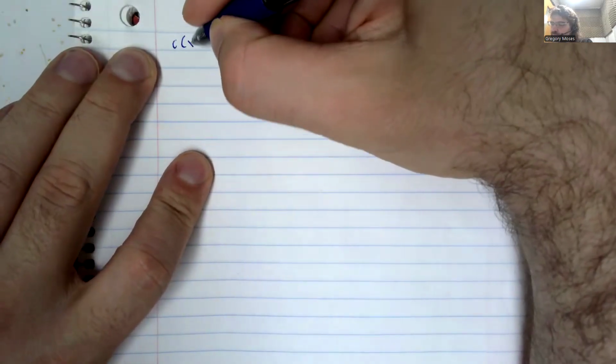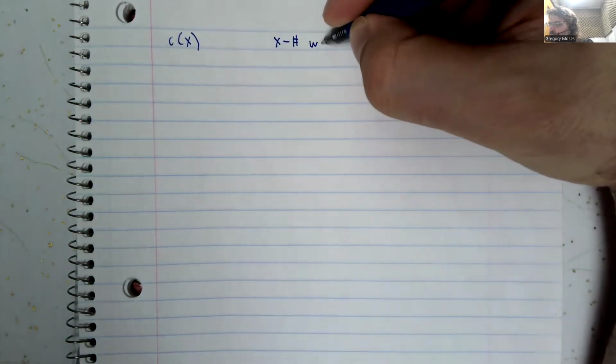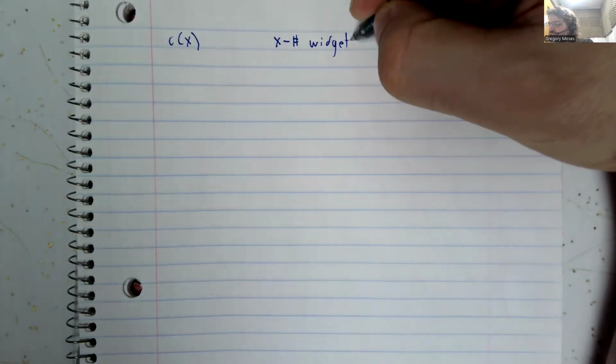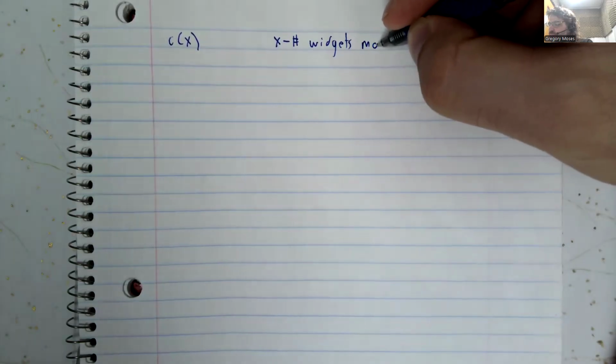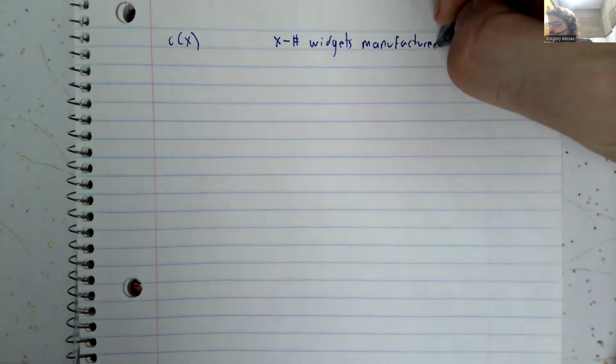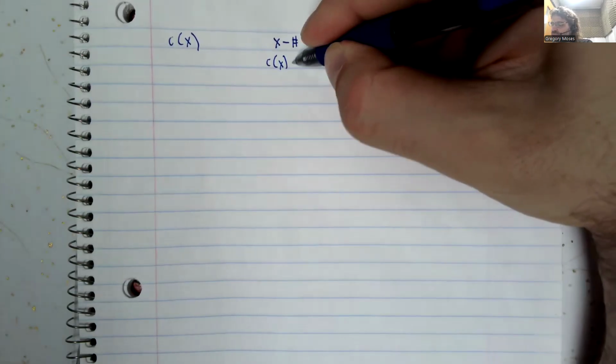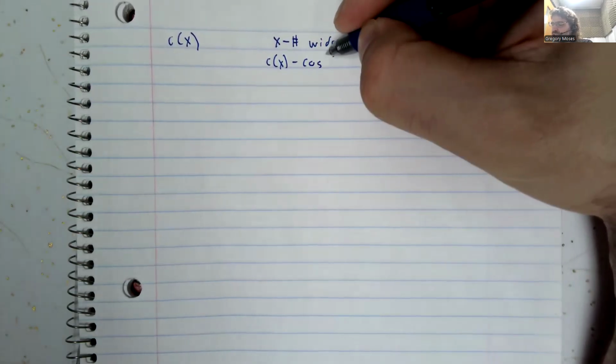So let's look at a cost function. Let's say we are manufacturing and selling widgets, and X is the number of widgets manufactured, and C of X is the cost.